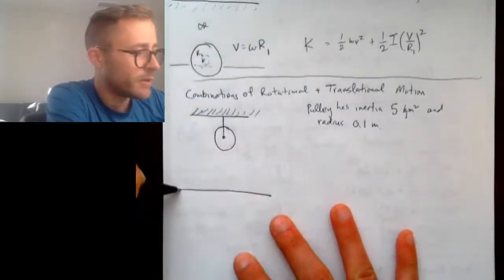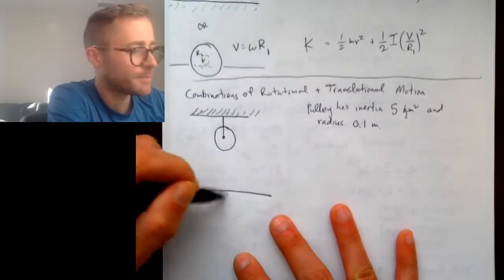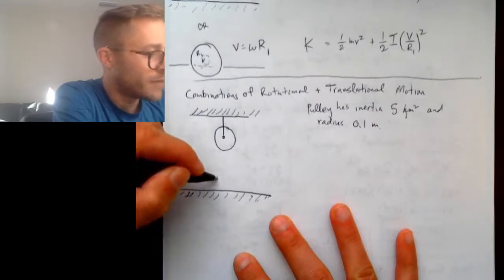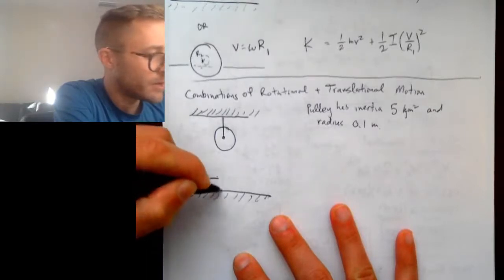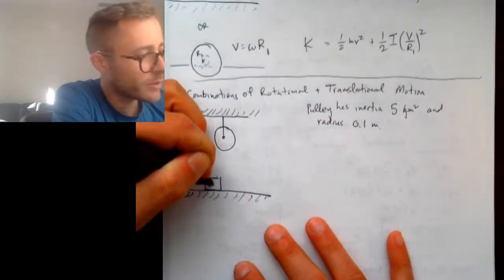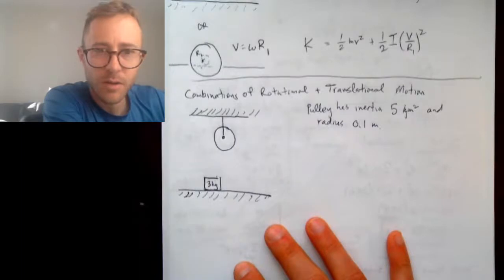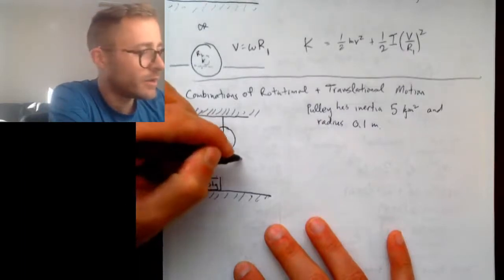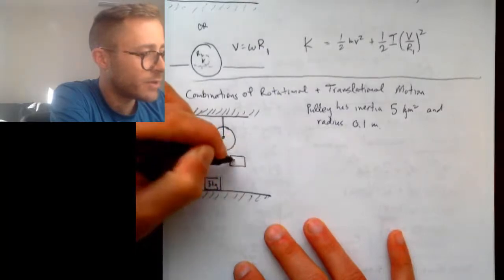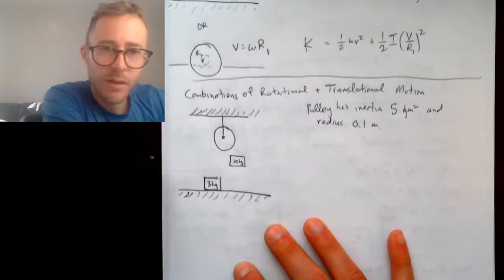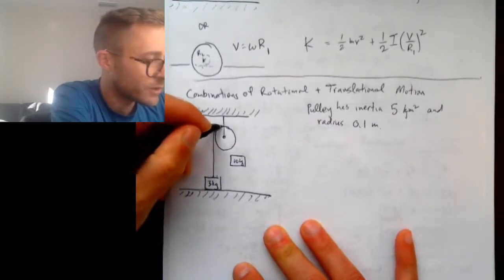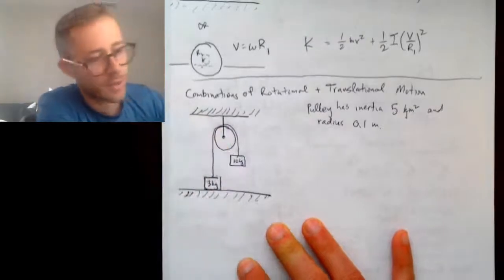And then down here we have a floor, and there's a mass that is right here. This is a 3 kilogram mass. And then on the other side there is a 10 kilogram mass, and those masses are connected to each other by a string that goes over the top of the pulley like that.